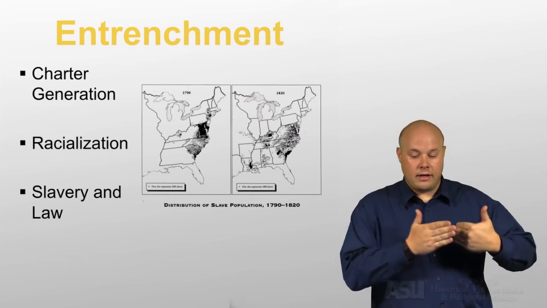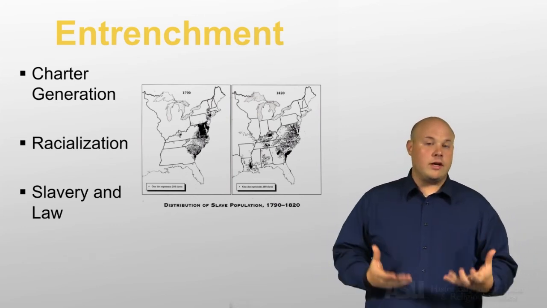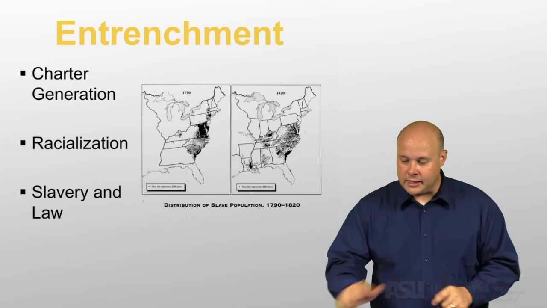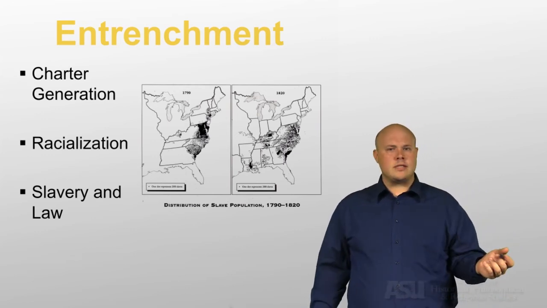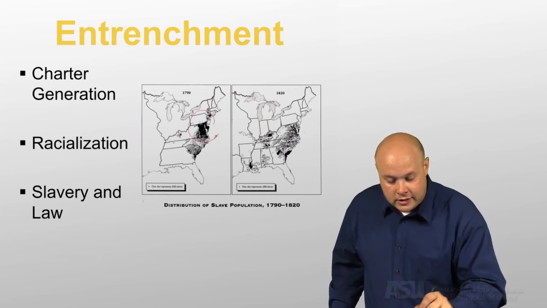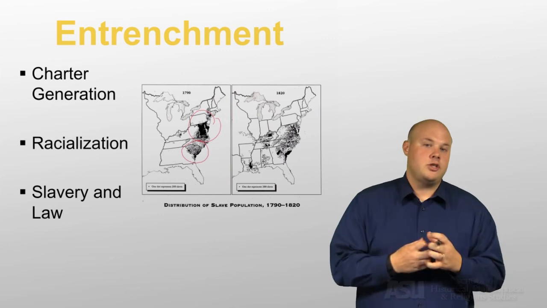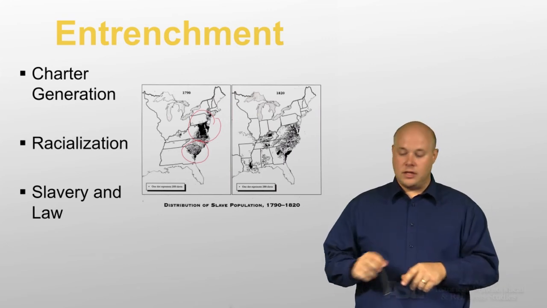And as I mentioned, in North America, you're going to see generations of enslaved peoples largely living in the same place. I put this map up. 1820 is a little bit ahead of what we want to talk about. But by 1790, you can see enslaved peoples are largely living in concentrated developments along the East Coast.